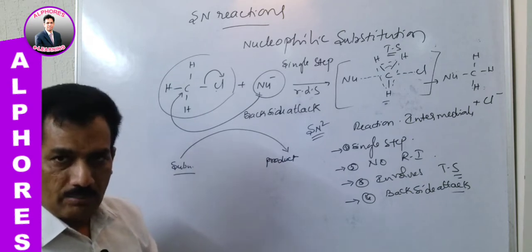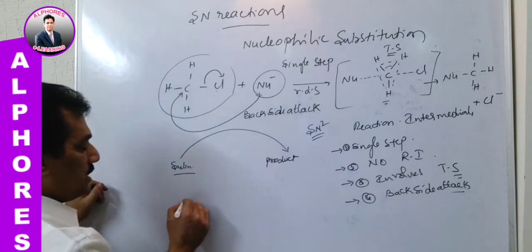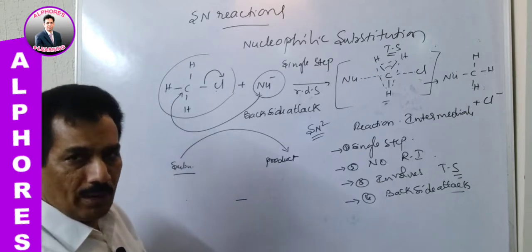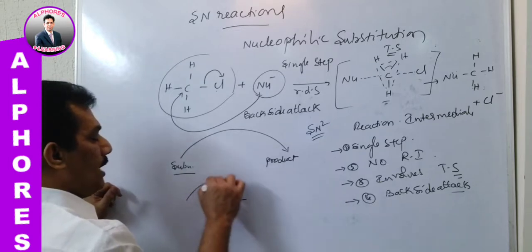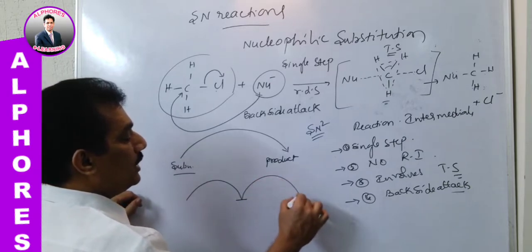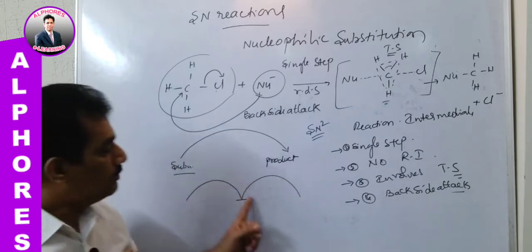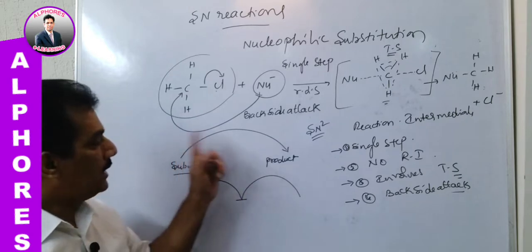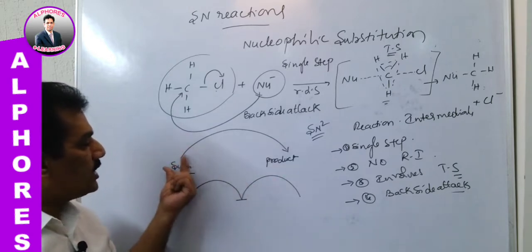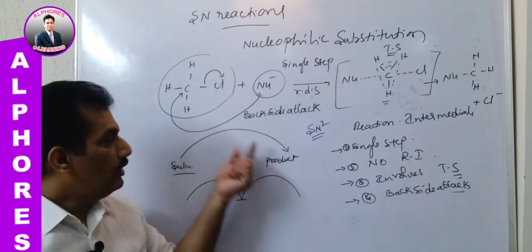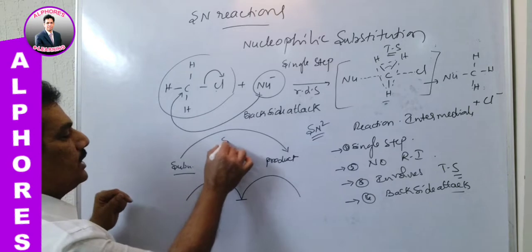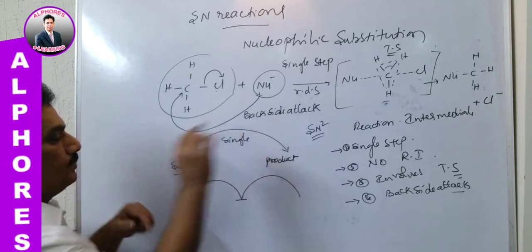If it is not available, then we go to some other place, for example Mumbai, from Hyderabad to Mumbai, and then again from Mumbai to Delhi. This makes the difference. The ultimate destination is the product, but the substrate may come to the product without any reaction intermediate. That is nothing but a single step mechanism.